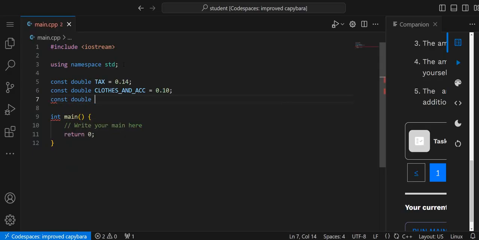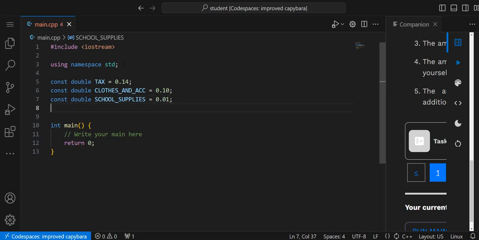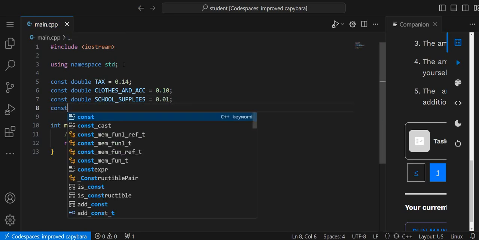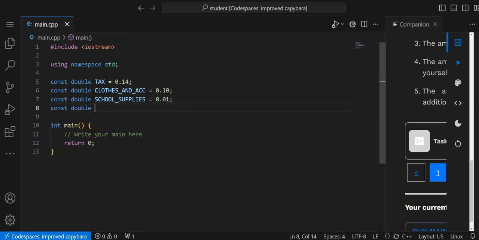Next one, we'll call it school supplies. And this one equals 1%, 0.01. Then we have savings bonds.